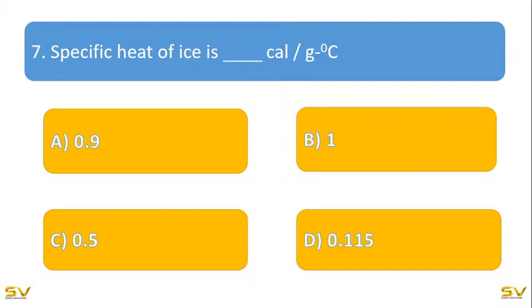So what is the value of specific heat? Is it 0.9, or 1, or 0.5, or 0.115? What is the value of specific heat in calorie per gram degree Celsius? So what is your answer?